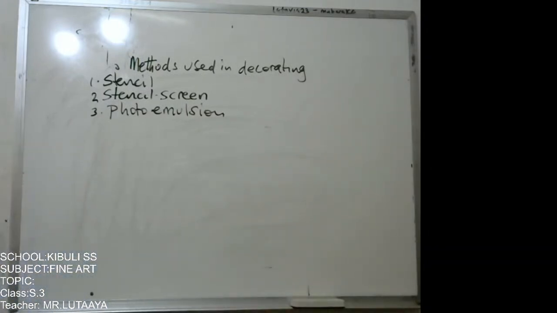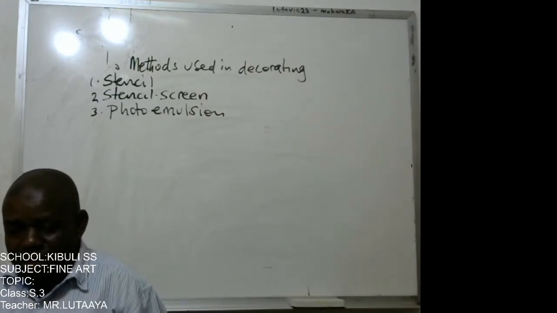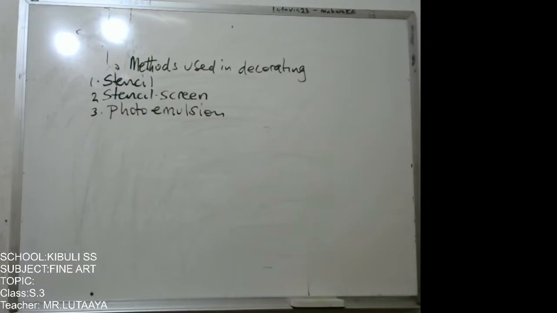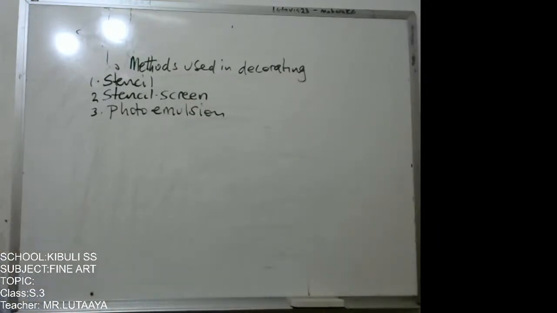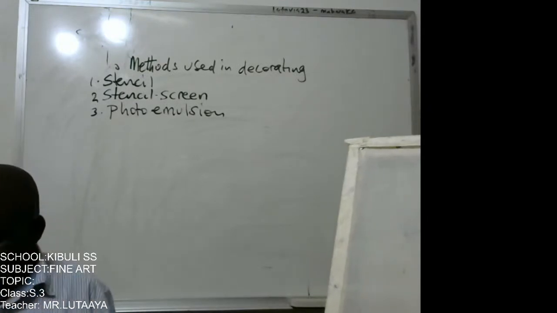Photo emulsion is a fine suspension which is applied on the screen. This is a screen as we saw it. Photo emulsion is a fine suspension which is applied on the screen.